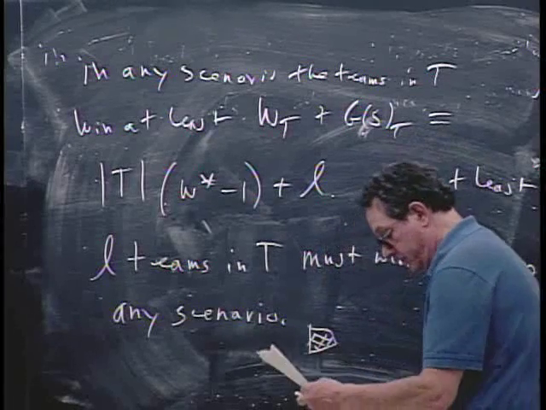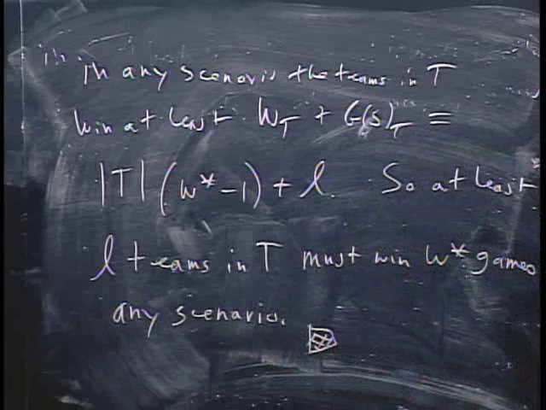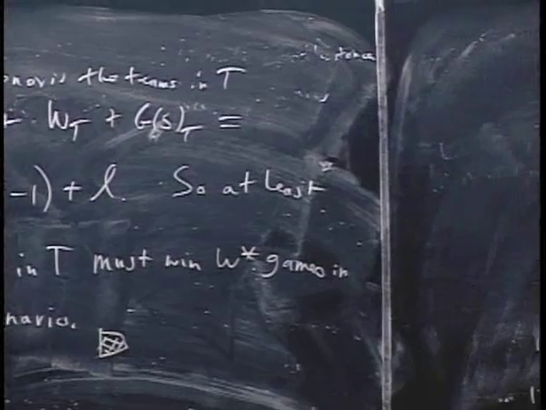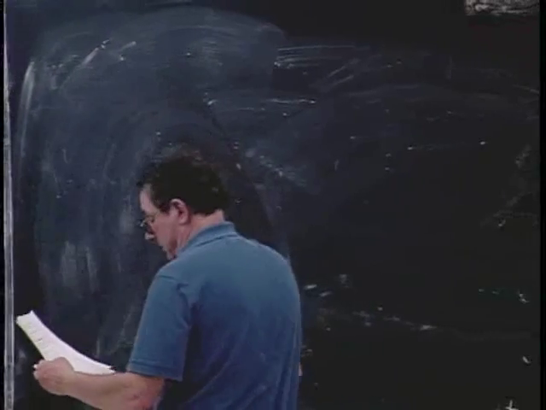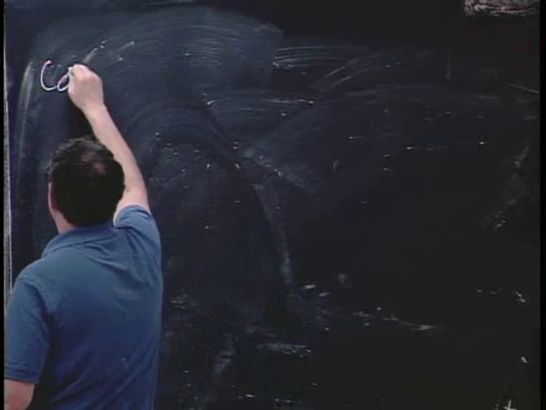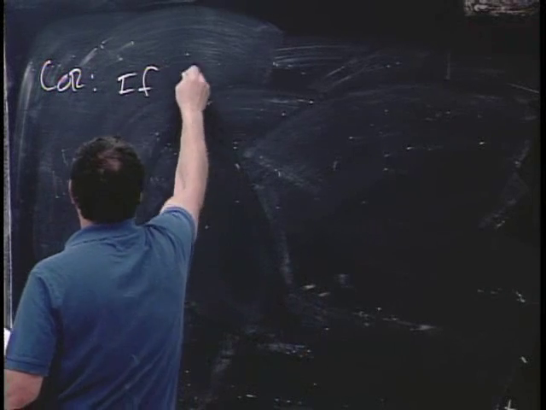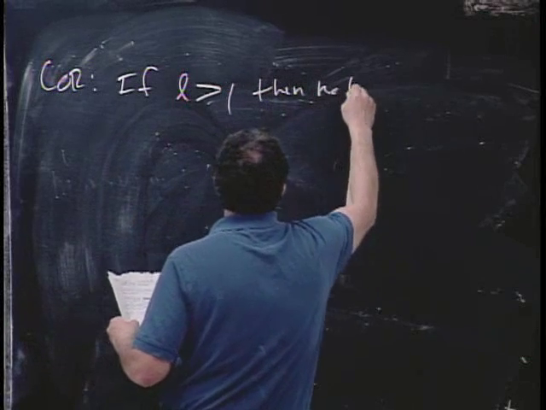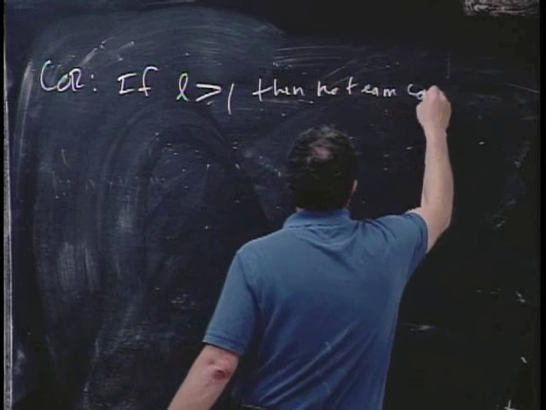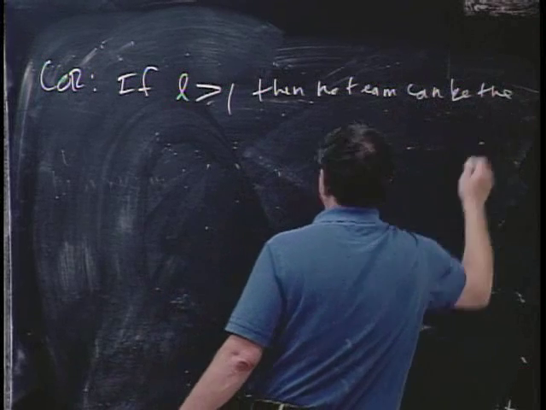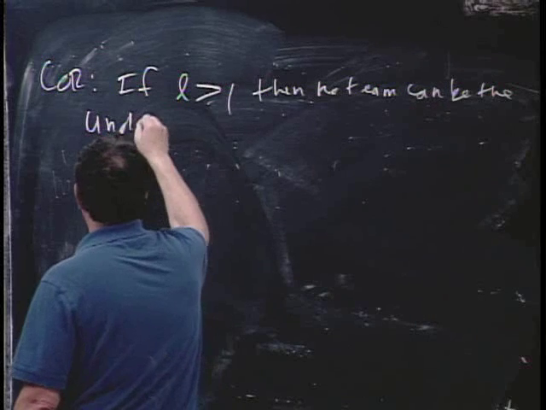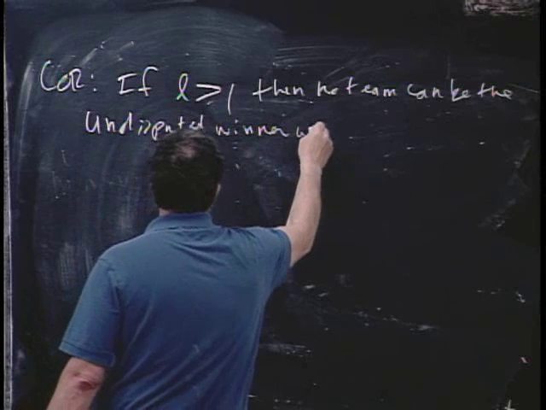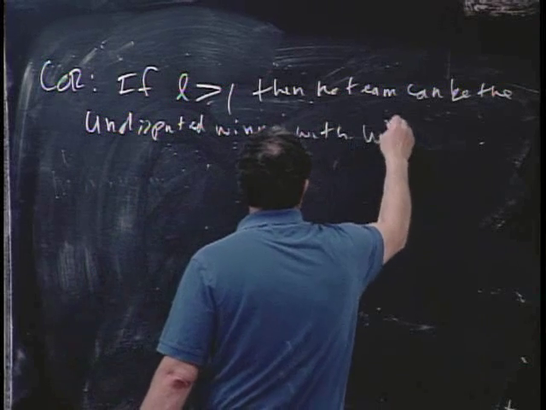And so we get several immediate corollaries which pretty much finish what I wanted to say, except for the network flow part. But here's a corollary. First of all, if L is greater than 1, then no team can be the undisputed winner with W star points.